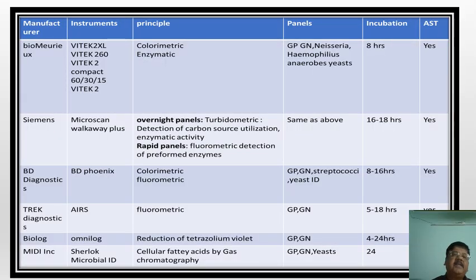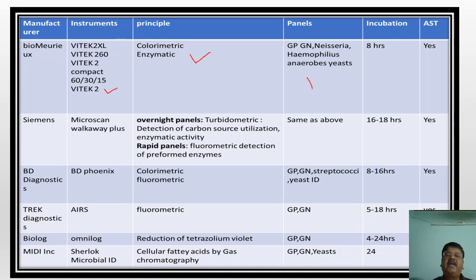So you can see this table where we can see various manufacturers. bioMérieux has Vitek 2 XL, Vitek 2 60, Vitek 2 Compact, with capacities of 60, 30 or 15. These are the instruments, and this company utilizes colorimetric or enzymatic mechanisms for the detection.